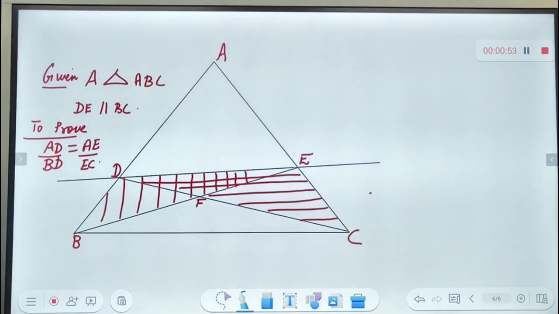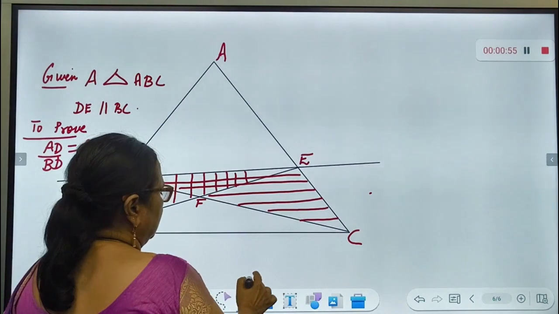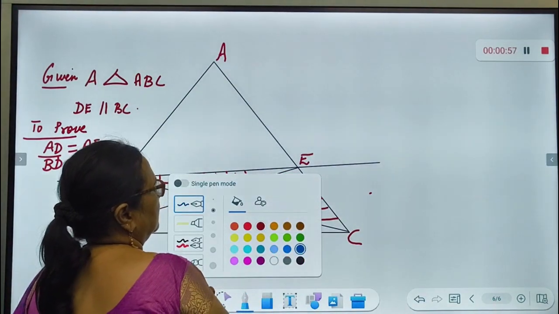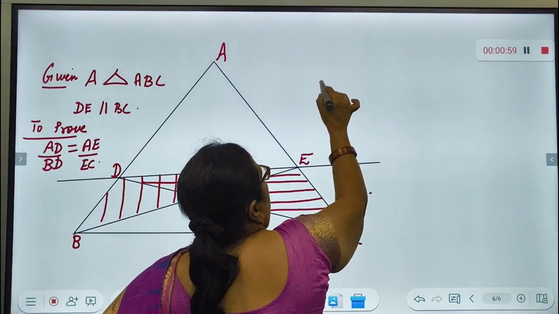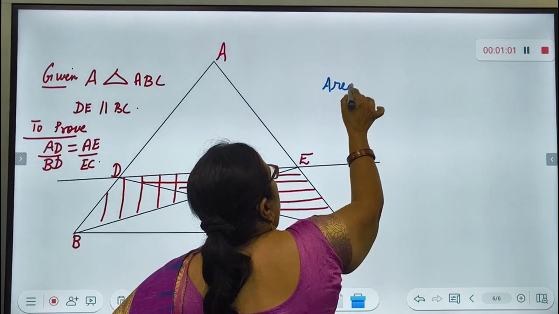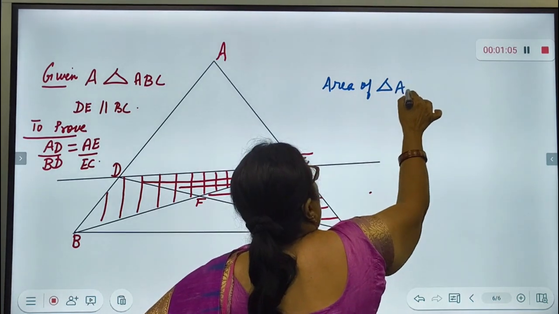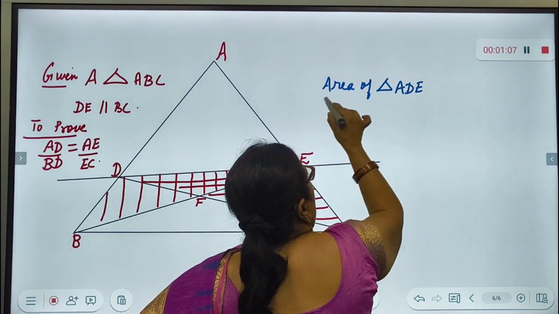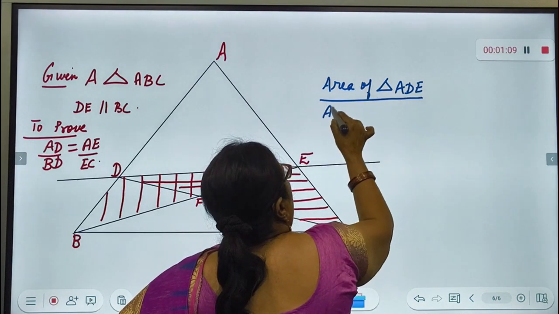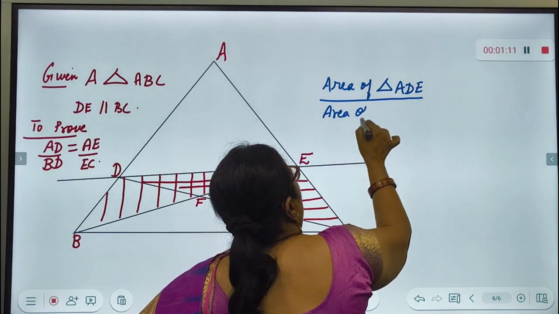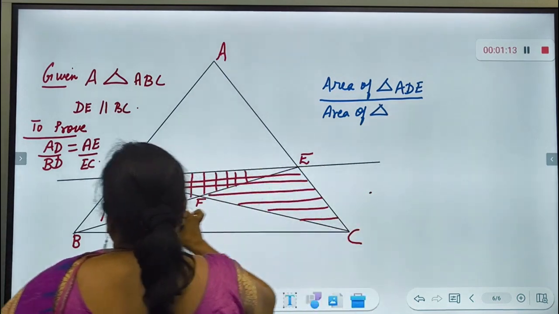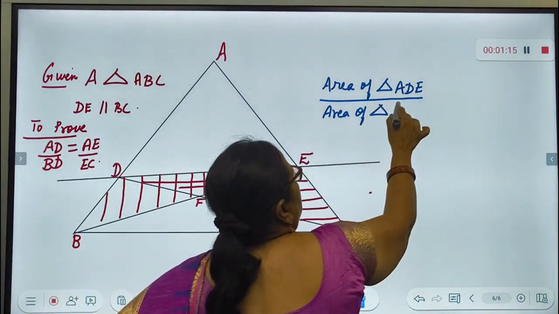Now to prove this, I am going to consider area of triangle ADE by area of triangle BDE.